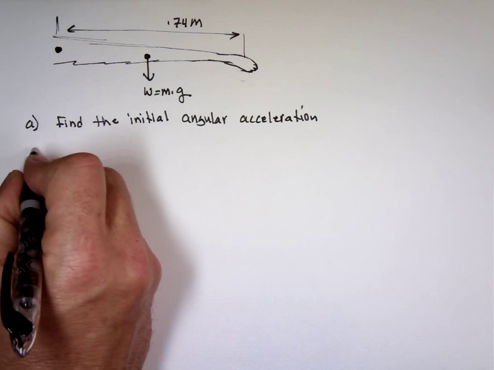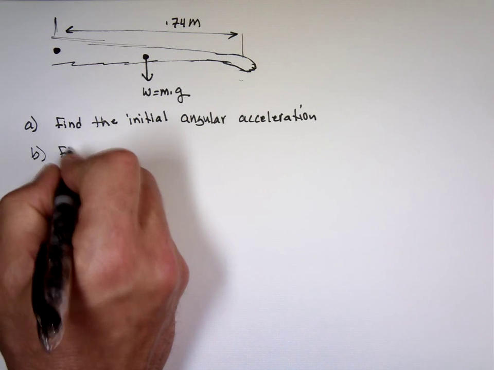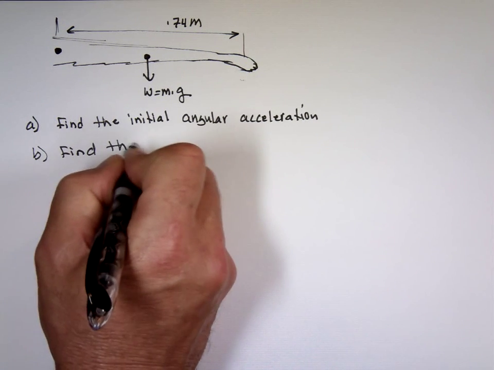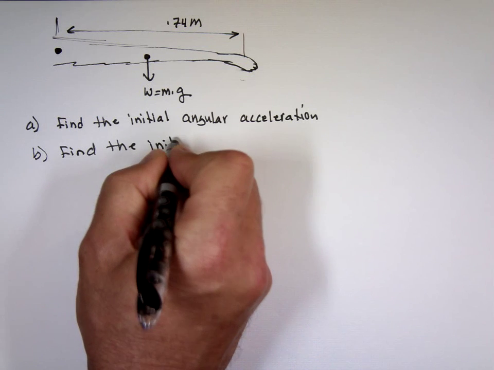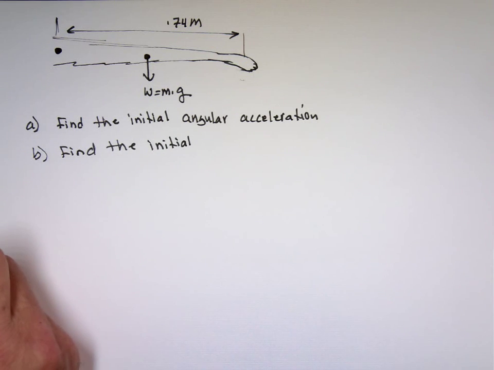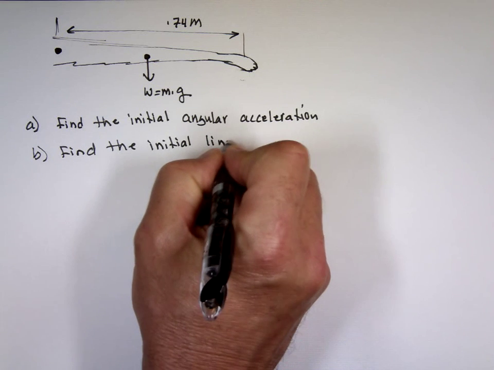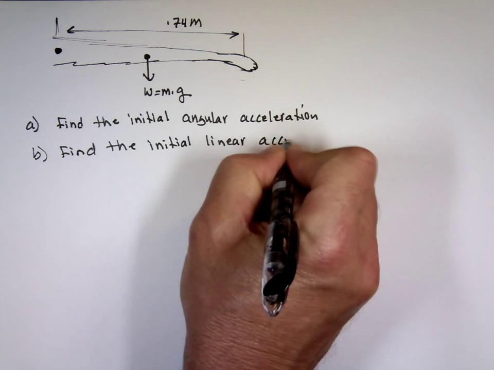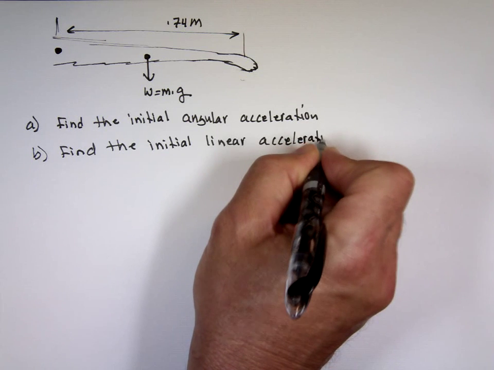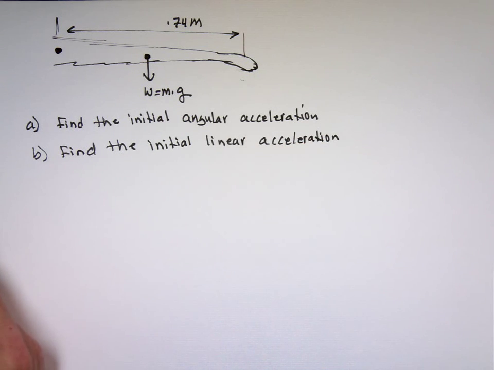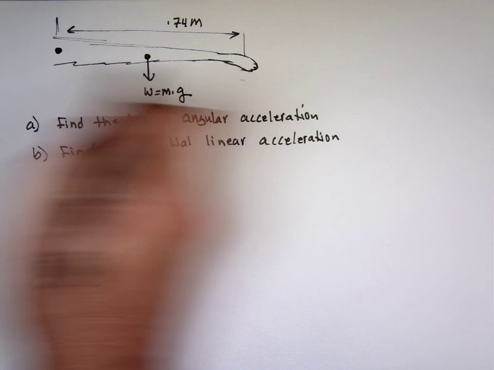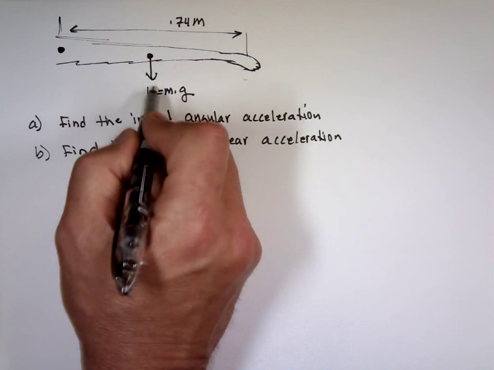Part 2, find the initial, instead of angular, we'll use linear acceleration of the arm. And it says in this problem, assume the center of mass is in the middle of your hand. Assume the center of mass is right here in the middle.